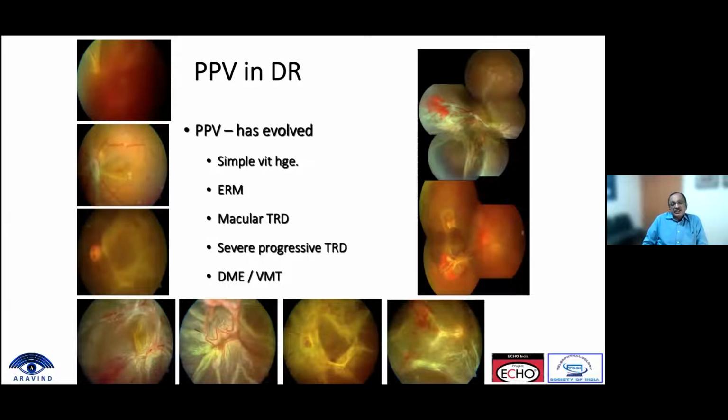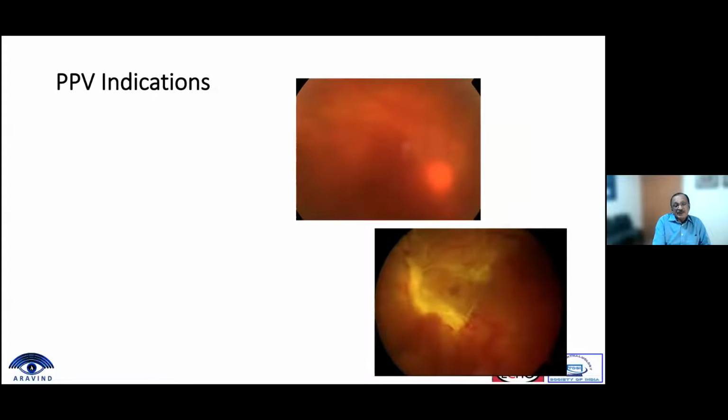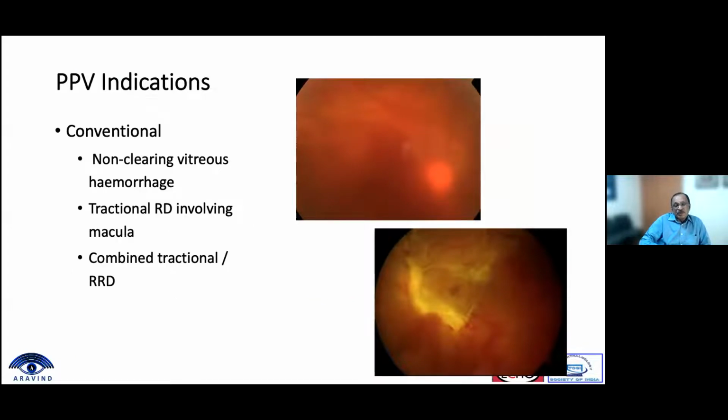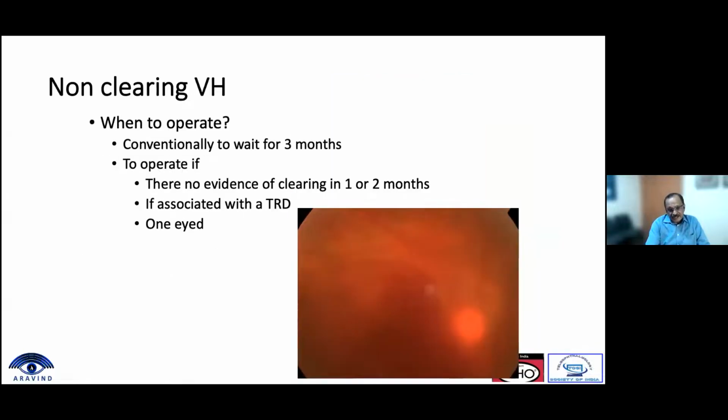Once this stage is crossed, where the patient has developed vitreous hemorrhage or a tractional detachment, surgery is the only treatment of choice. So with time, the approach has evolved. Conventionally, if you had a non-clearing vitreous hemorrhage for a period of 3 to 6 months, you would consider doing a vitrectomy, or for a tractional retinal detachment involving the macula, or if there is a combined tractional and rhegmatogenous retinal detachment.